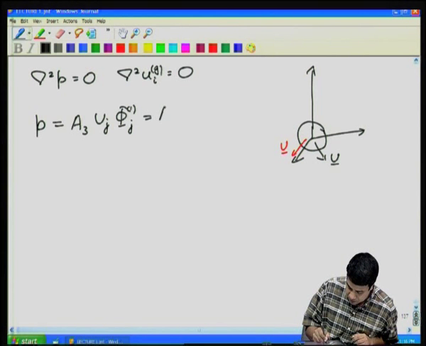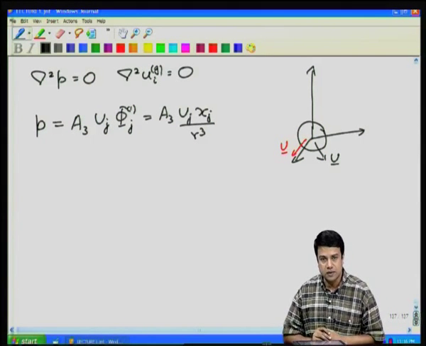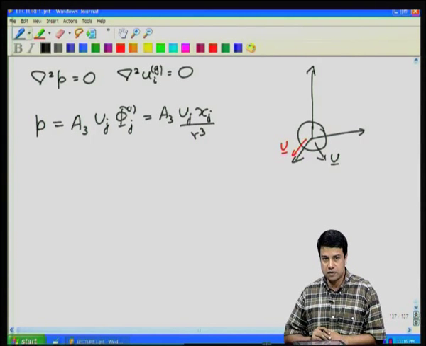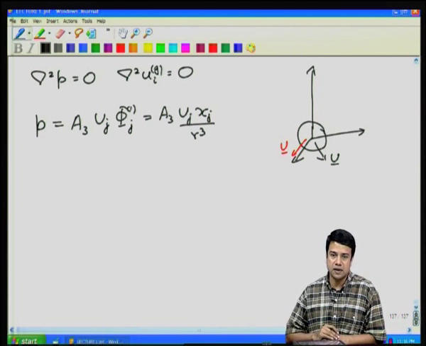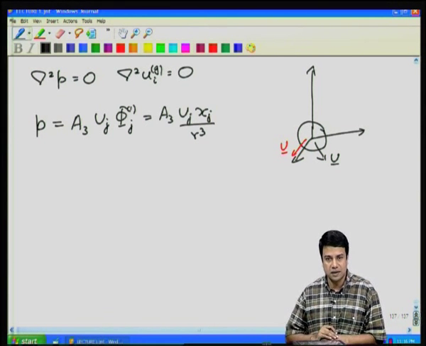So, this is equal to A3 u_j x_j by r cubed, okay, because x_j by r cubed is the first solution. Of course, the first solution can be taken either as plus x_j by r cubed or minus x_j by r cubed. It will not make a difference because that is only going to change the sign of the A3 constant. Okay. The final solution which satisfies the boundary conditions will end up remaining the same regardless of whether I take this vector solution as plus x_j by r cubed or minus x_j by r cubed.